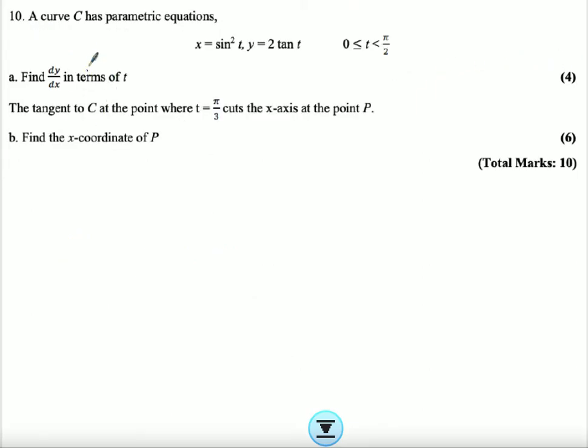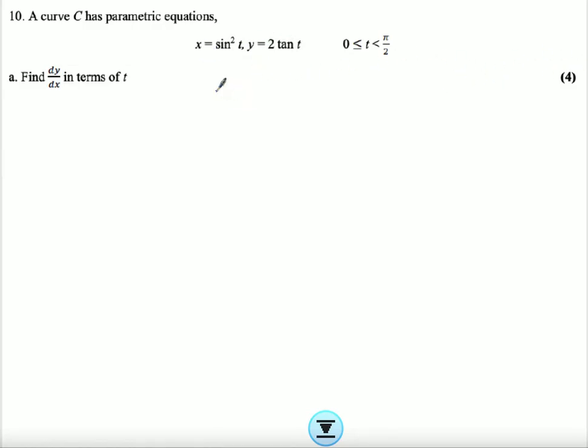Okay, question 10, more trig, more differentiation. Parametric. dy by dx, so dx by dt using the chain rule, that's like u squared, so that becomes 2u du.